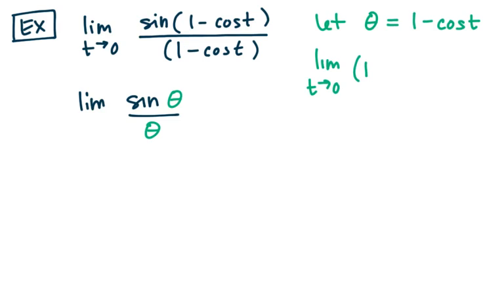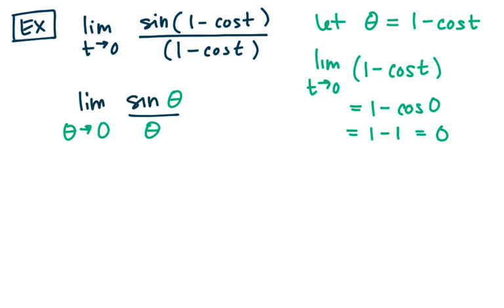So what is the limit as t goes to 0 of this argument? If I were to plug 0 in here, I would get 1 minus the cosine of 0, or 1 minus 1, which is 0. So I can say this is the same as the limit as theta approaches 0. Okay? And so in this case, this would be equal by our theorem or our rule to 1.